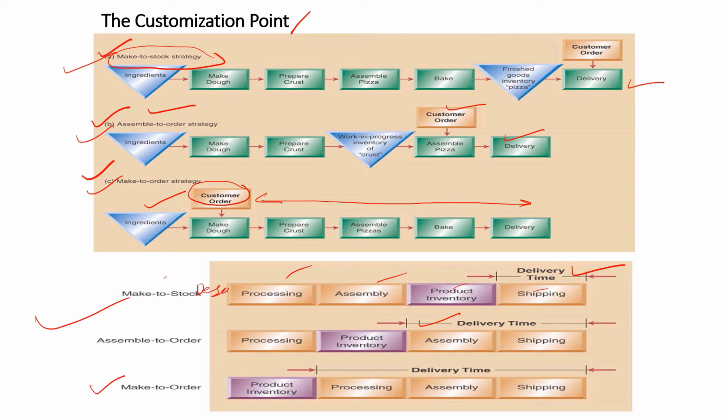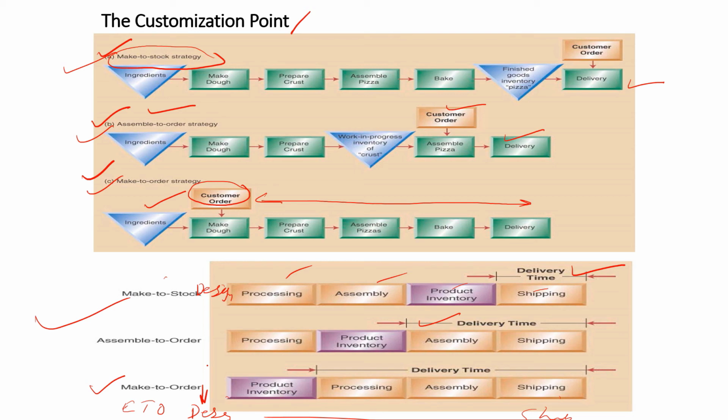If we incorporate the design process, because first we do the designing and then manufacturing, assembly, and so on, and we want the customer involvement from the design till shipping, then this manufacturing or operation strategy is called engineering to order. Even the design is done as per the customer requirement.